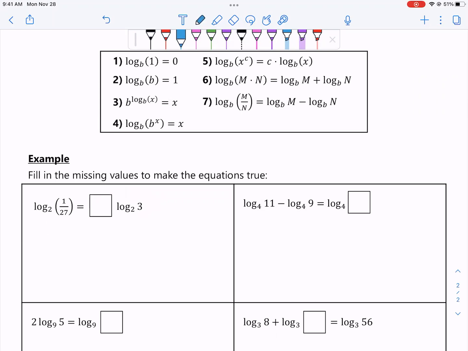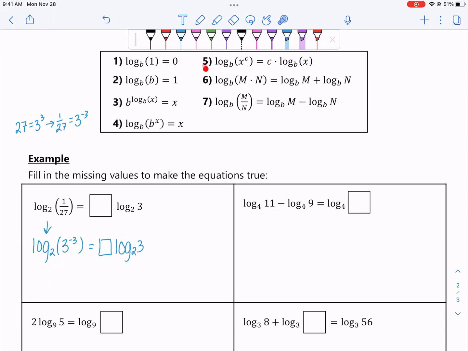So log base 2 of 1/27, right? 27 is 3 cubed, which means that 1/27 is 3 to the negative 3. Equals blank times log base 2 of 3.